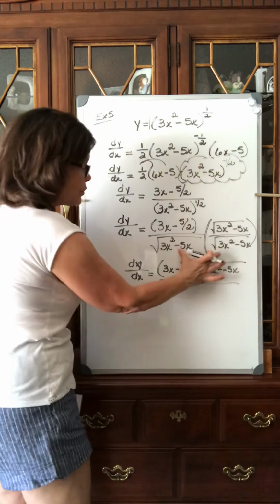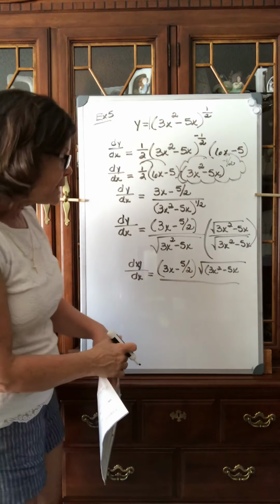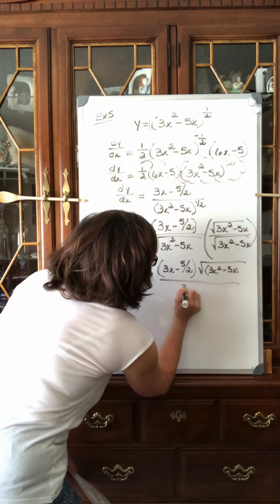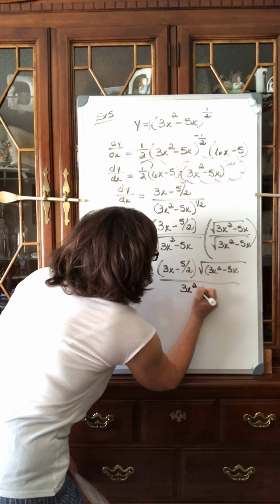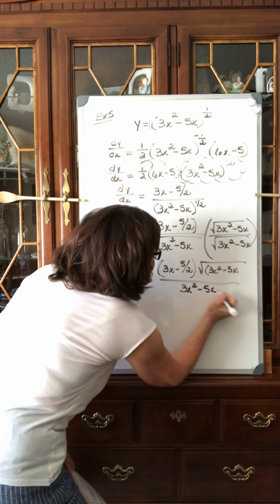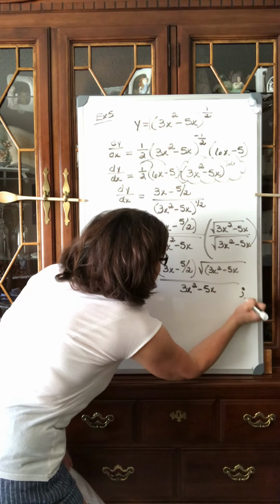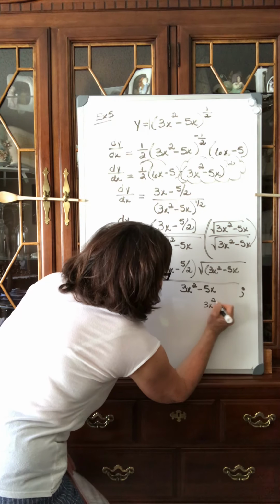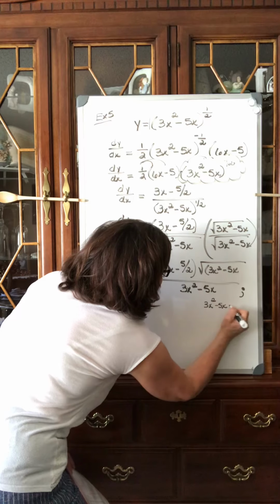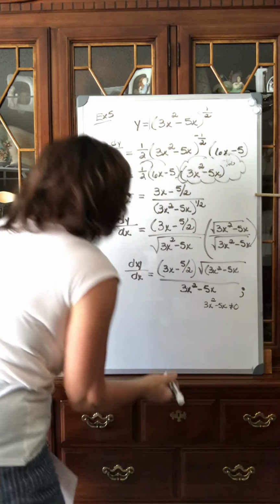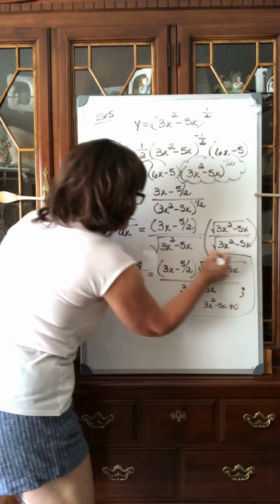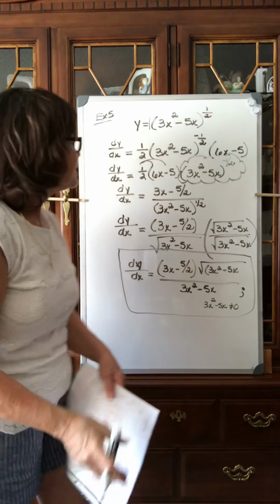When you multiply those two radicals together in the denominator, the square root symbol drops out, so the denominator becomes 3x squared minus 5x. And you do have to include in your answer that 3x squared minus 5x cannot equal 0. So this whole thing is your first derivative.